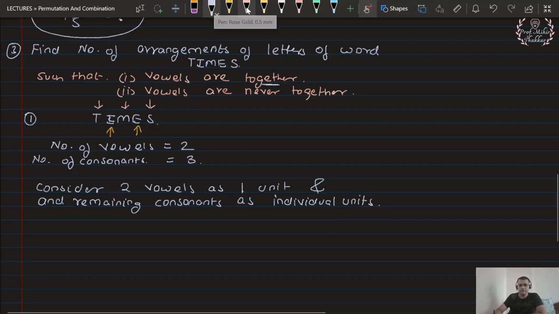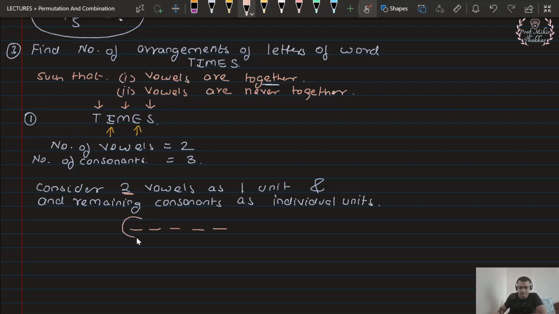So if I want to see the arrangements, it will be like this: T, I, M, E, S. But because I am considering the 2 vowels as 1 unit, let me consider the first 2 places as 1 unit, and the remaining consonants as individual units. So now I have got 4 units in all to be arranged.